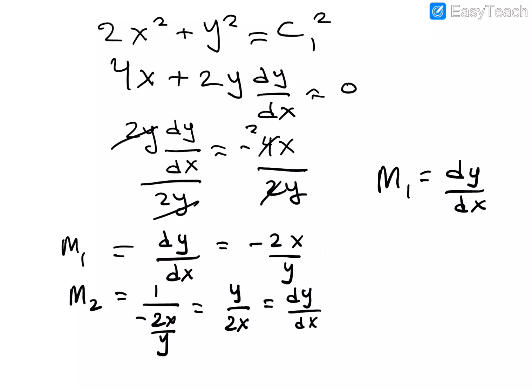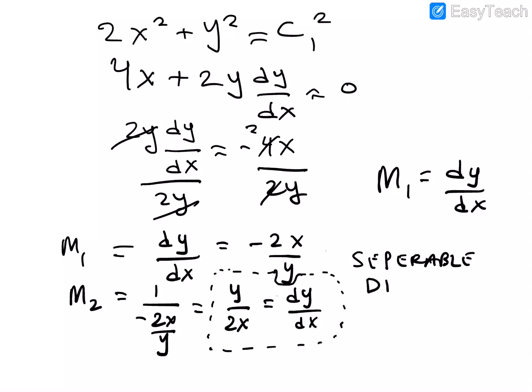So we're going to go ahead and solve this. Now, how do we solve this? Think back to separable differential equations. So we're going to solve that using our separable differential equation technique.